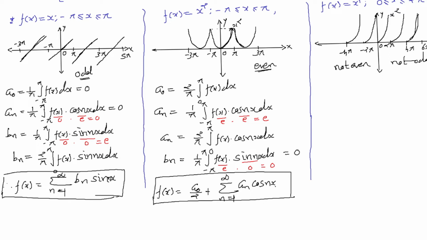So this is the Fourier series for even functions, right? When the function is neither even nor odd, we have to evaluate a0, an, bn, and we substitute everything into the formula a0 by 2 plus summation n equal to 1 to infinity an cos nx plus bn sin nx, right?